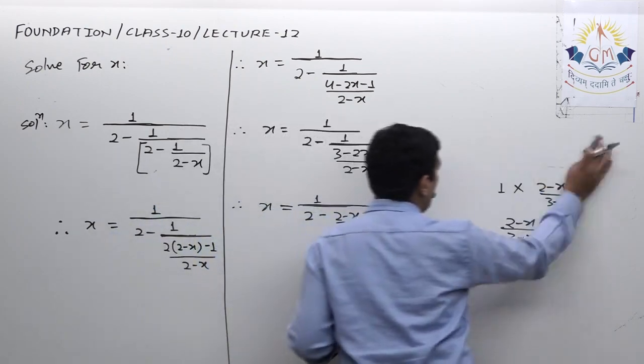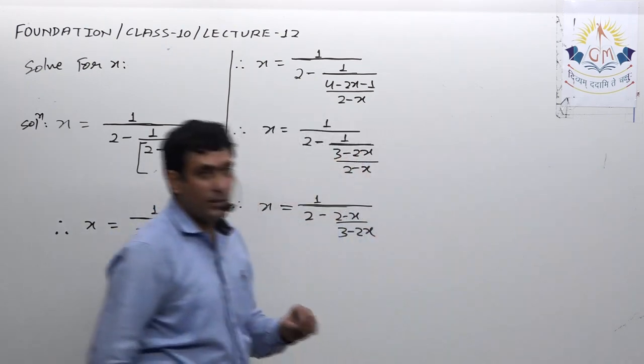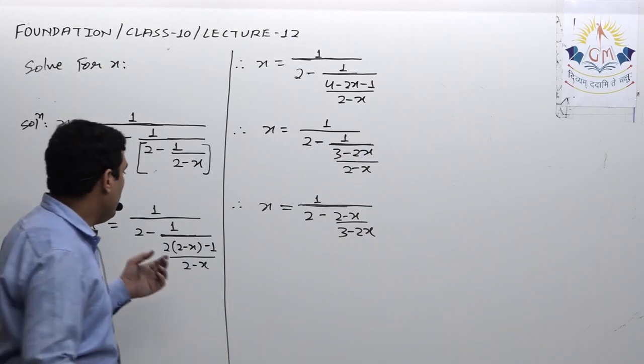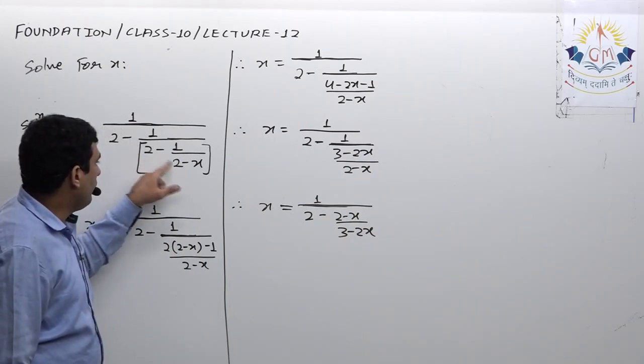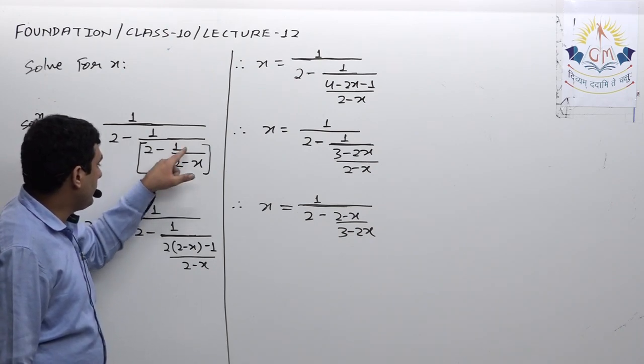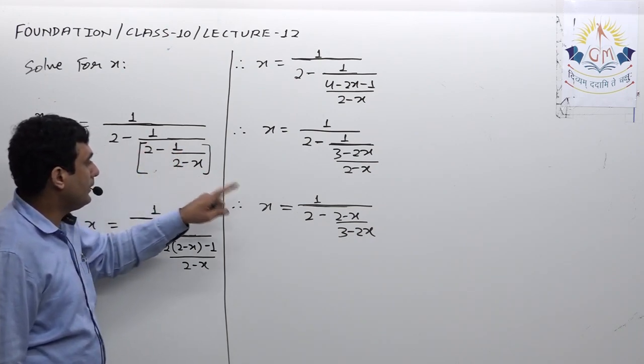Okay, I hope you are getting it. We are just solving the fractions, in short. First I solved this, so that was 4 minus 2x minus 1, that is ultimately 3 minus 2x.